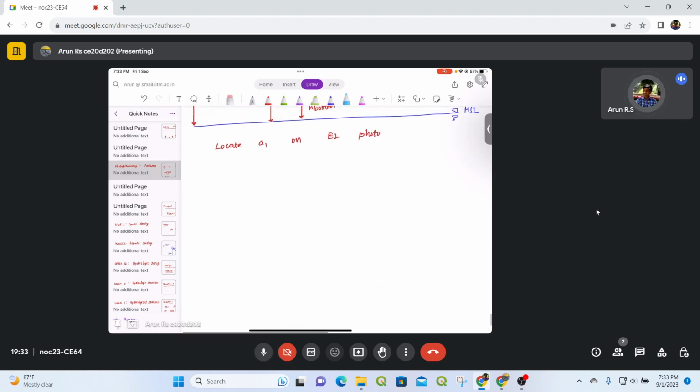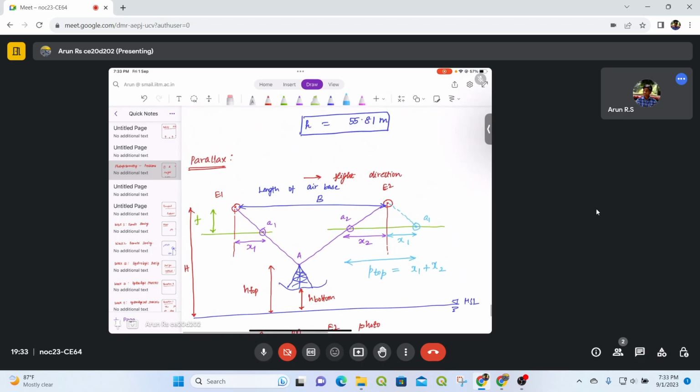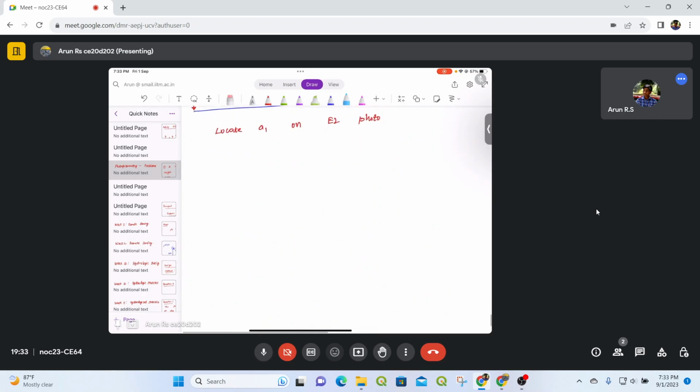So now we can derive the equations. Again, it's going to be the same similar triangle concept. The first triangle is E1 A E2, and the second triangle is E2 A2 A1.